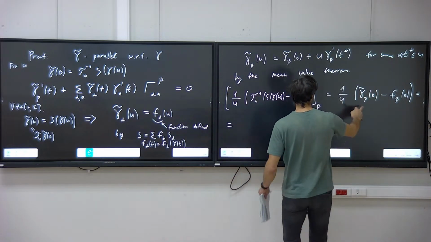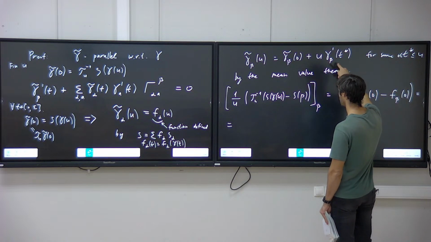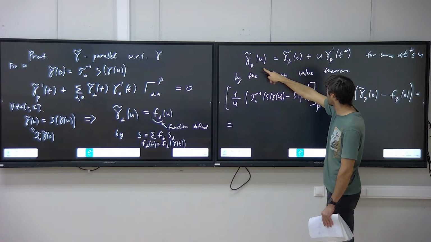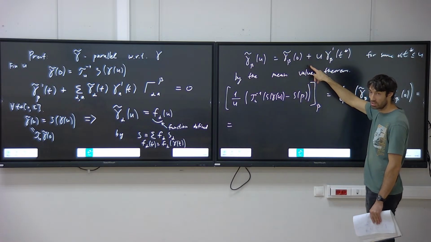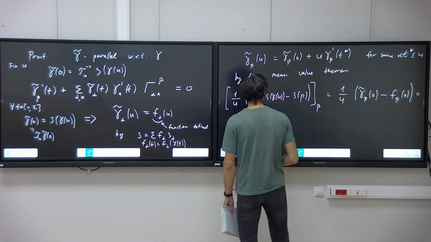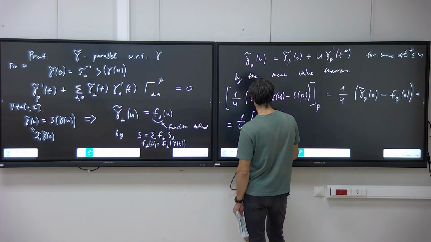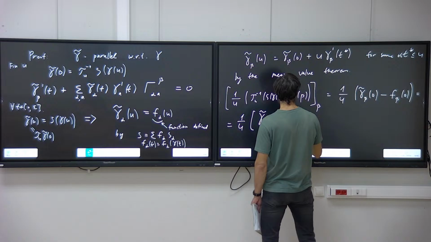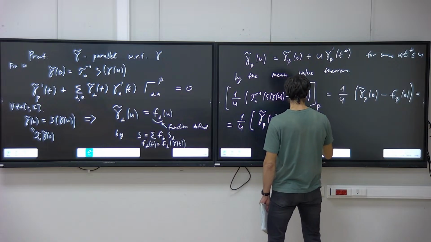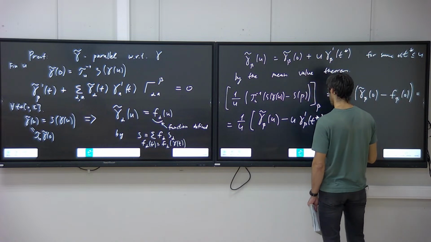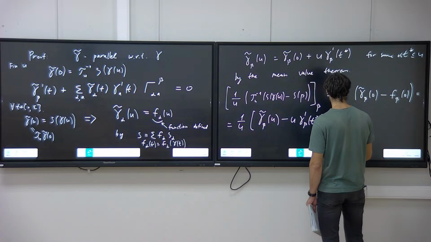Let's continue. Now I express gamma tilde beta of 0 through these two guys using this formula. I will have 1 over u, and then gamma tilde beta of u minus u gamma beta prime t star, and then minus f beta of 0.